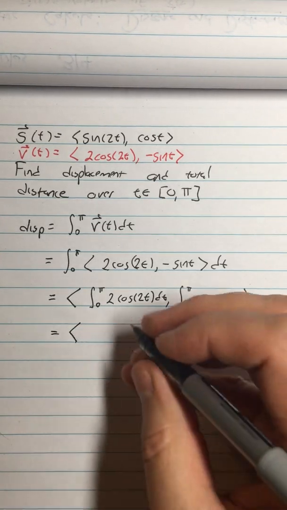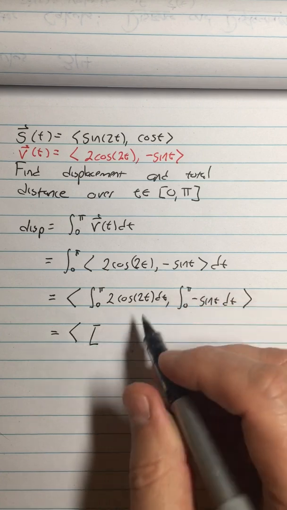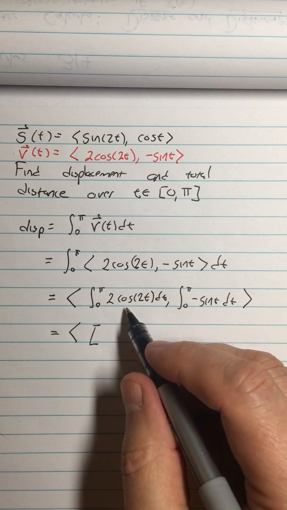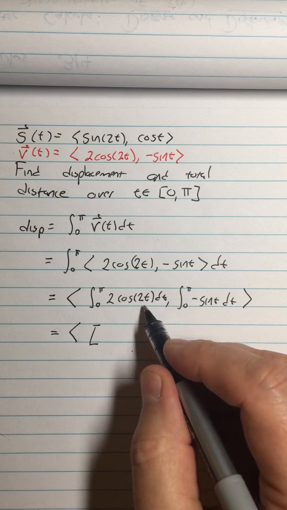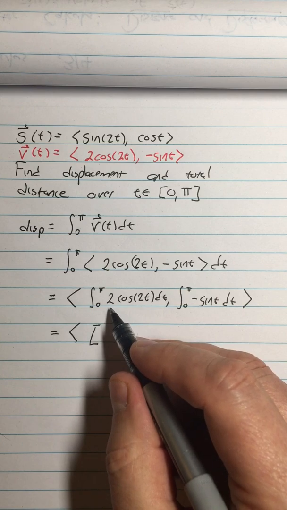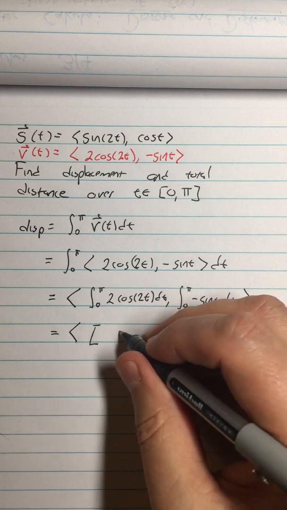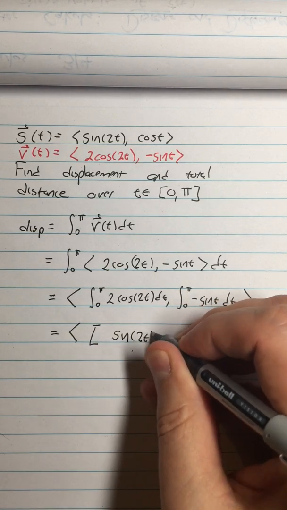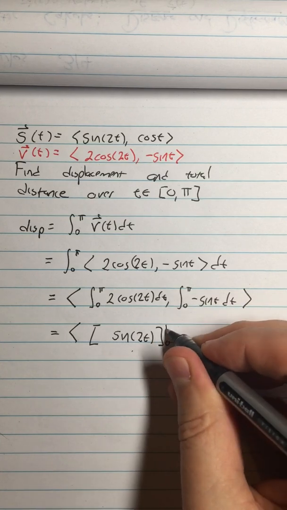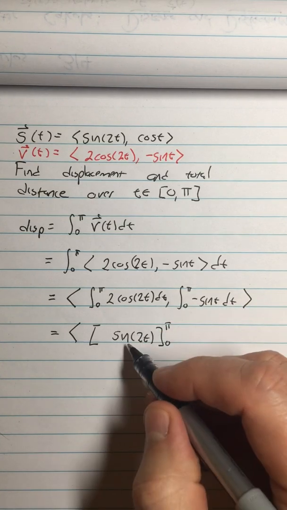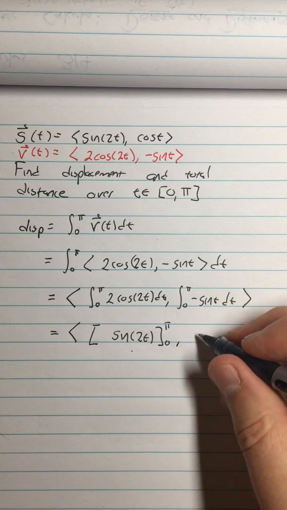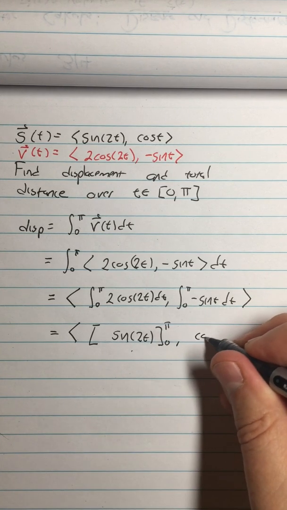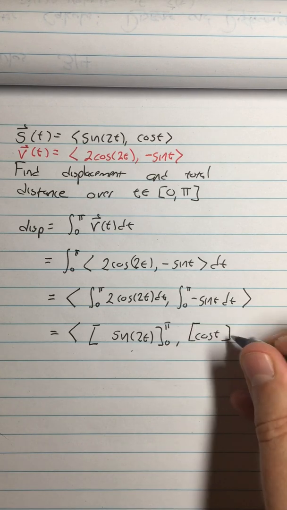So I just do my antiderivative. The antiderivative of cosine is sine of 2t, keeping the inside the same, and then I have to do 1 over g prime, which is 1/2, which cancels the 2 right there, which really just brings you back to sine of 2t. You can think about that or work it out separately if you want, but the antiderivative of 2 cosine 2t is sine of 2t. And then the antiderivative of negative sine is cosine t, from 0 to pi.